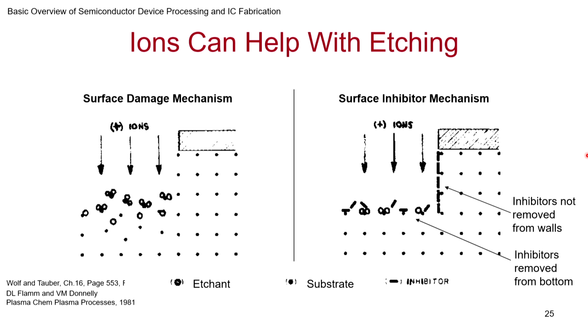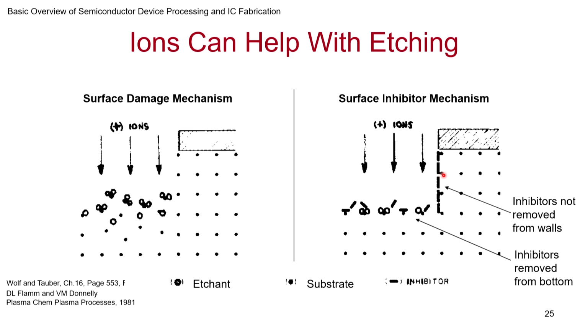Another thing that is often used is that you can have surface inhibitors formed. As a result of the reaction, whatever is formed is not easily volatile, and it is absorbed quite well. But the argon coming and bombarding ends up removing whatever inhibitors are there, and then they go into the exhaust. So this is one of the tricks that you can use.